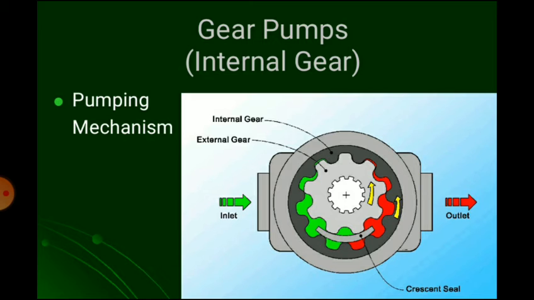This creates a partial vacuum in the suction chamber. Due to that, oil is rushed in due to atmospheric pressure on the oil. The oil carried away by both the gears is forced into the discharge chamber. So this is the working of the internal gear pump.